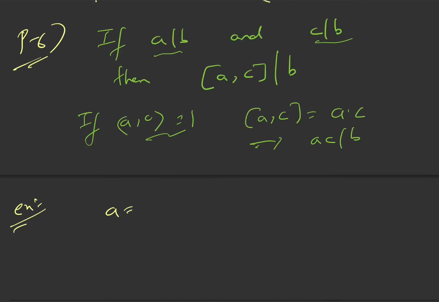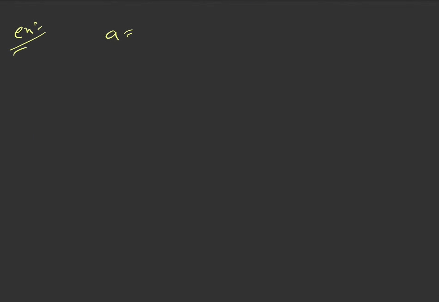If you want, let us do one more example. I am trying to take an example with this property. Say A is equal to 4 and B is equal to 6, and say C is equal to 24.